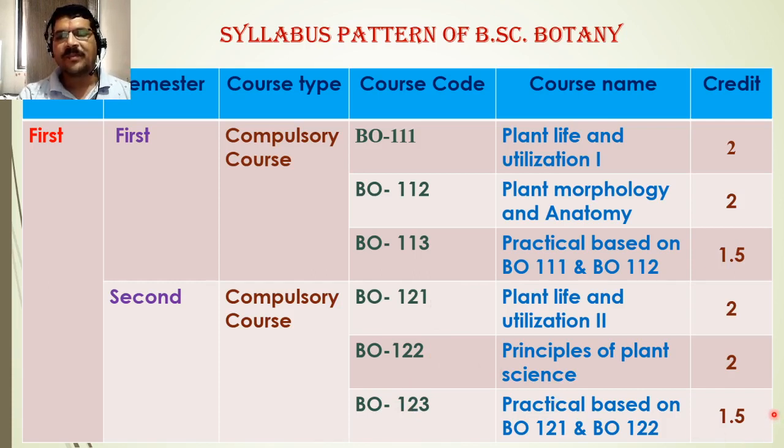And you can see here both practical papers have 1.5 credits. So this has 1.5 and this also has 1.5 credits. So we have already completed the first semester and second semester of B.Sc, or we have completed the first year with all these subjects. So the total credits for B.Sc Botany were 11 credits.